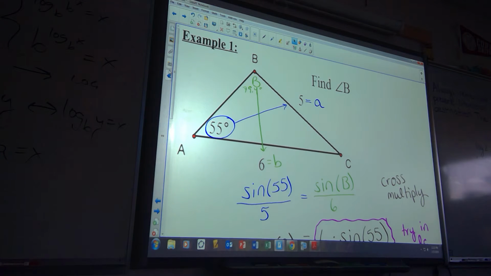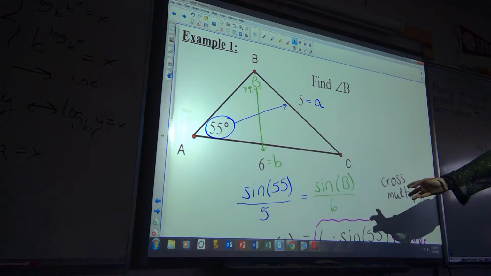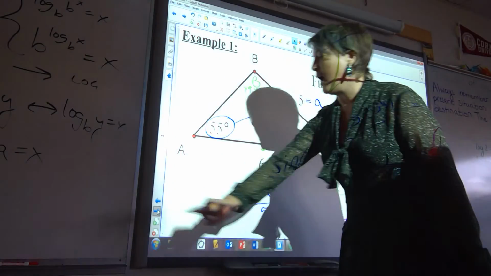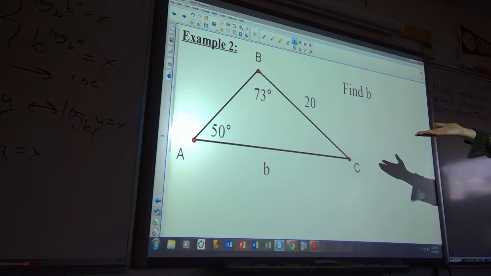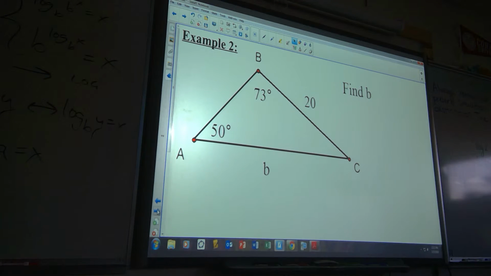All right. So that's basically it. That's the hardest version of the way that the law of sines could come at you. This one's even easier, I think. It's the same setup with the ratios, but this one's easier because you don't have to do that extra step of the inverse sine.